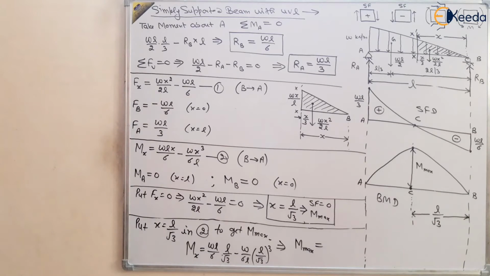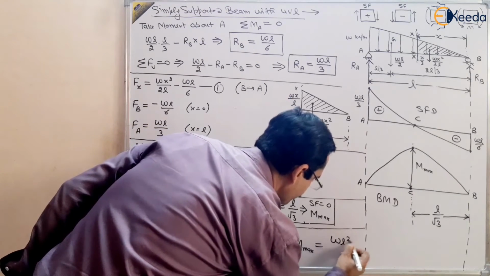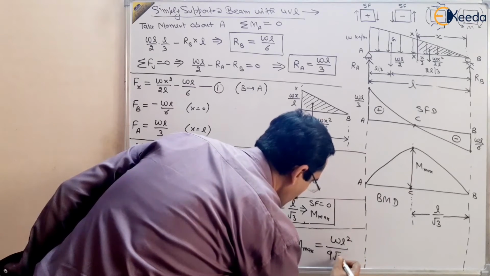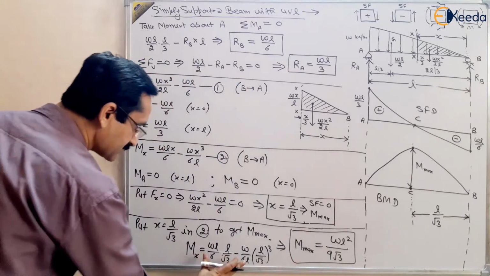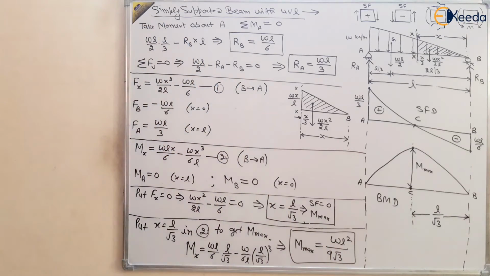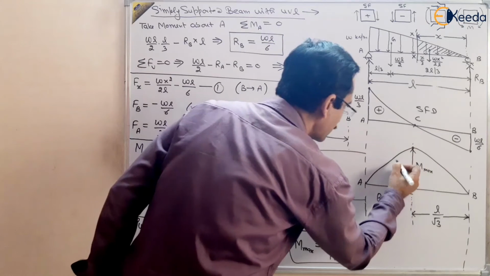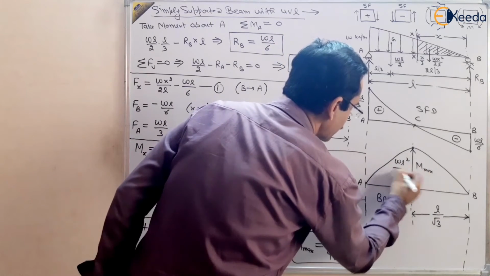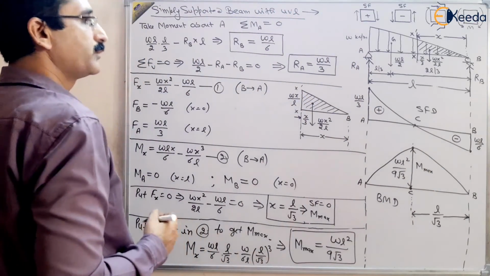Solve this and you will get WL square by 9 root 3, right? It means that the maximum bending moment is given by WL square by 9 root 3.